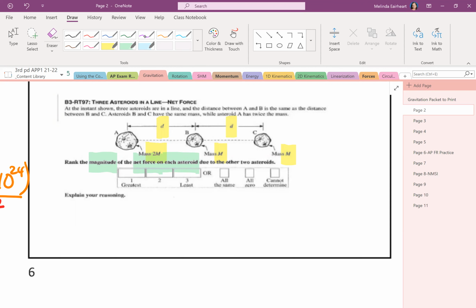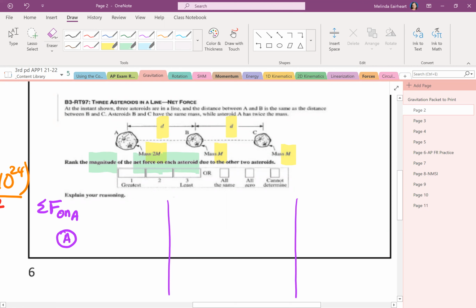So I'm going to try and break this area that I have up into 3 sections. And so, yes, net. They net with each other. And so the net force on A, well, let's figure out, let's draw a force diagram on A.